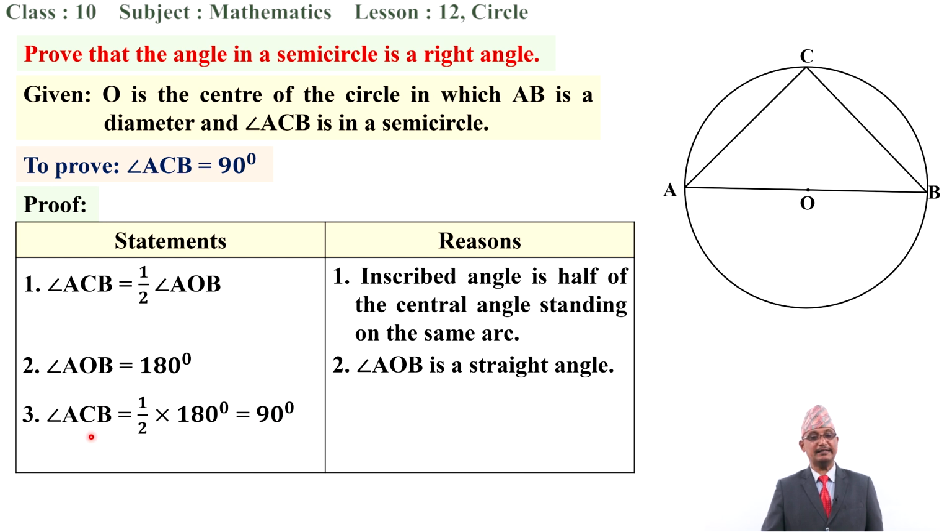So this shows that angle ACB, which is angle in a semicircle, is 90 degree. Which statements have we used? From statements 1 and 2. This completes the theorem, proved.